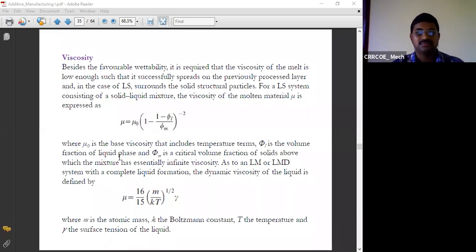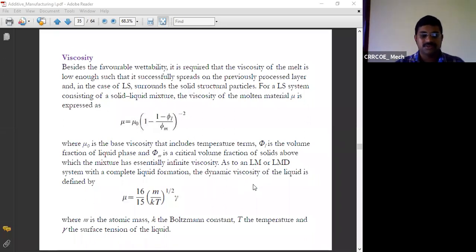Phi L is the volume fraction of the liquid phase. Phi M is the critical volume fraction of the solid. So using these relations, we are going to find the viscosity. Mu is the term referred to for viscosity. Another formula is dynamic viscosity.